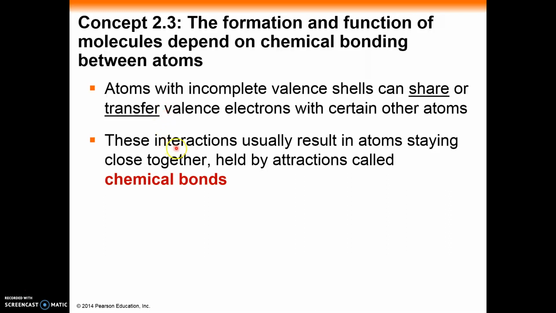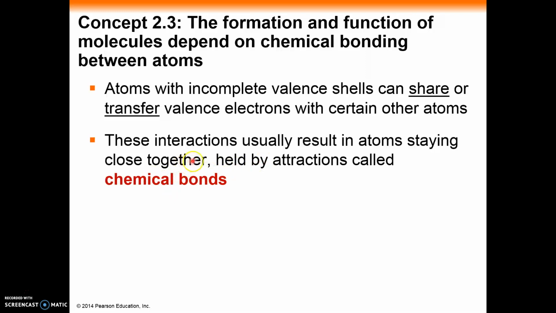Okay? Now, these interactions where you are either sharing or transferring electrons usually results in those two atoms staying close together. And this property of holding them together is something that we call a chemical bond.